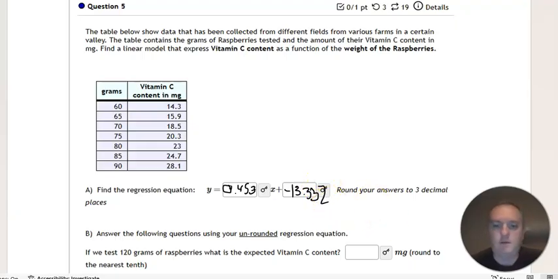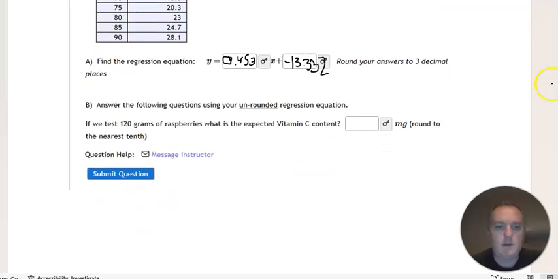Alright, so we have part B to this question. Answer the following questions using your unrounded regression equation. If we test 120 grams of raspberries, what is the expected vitamin C content?